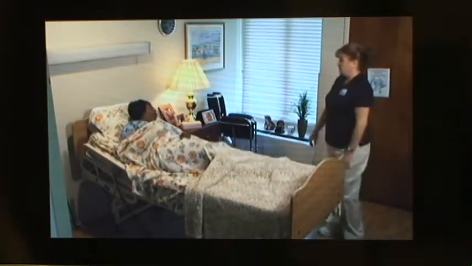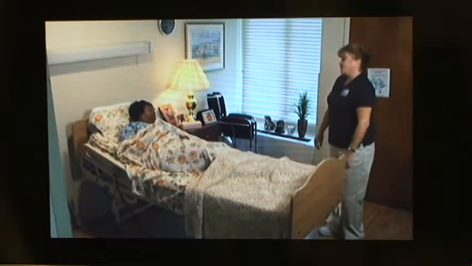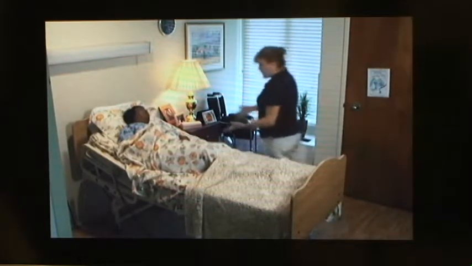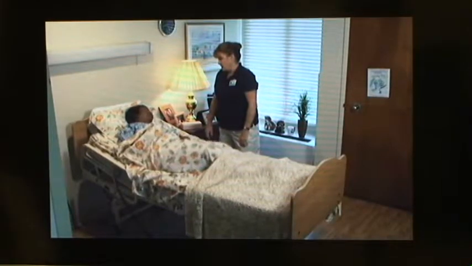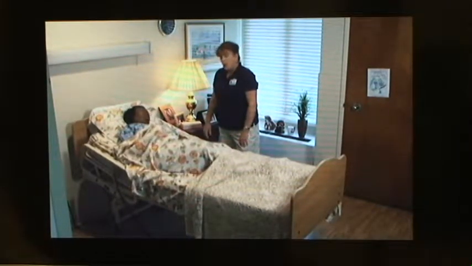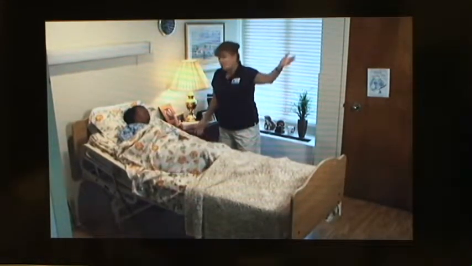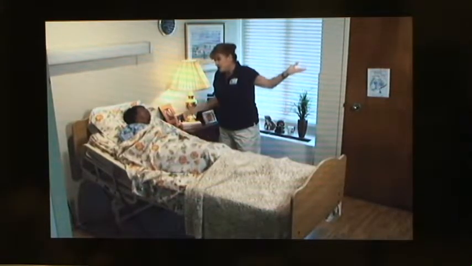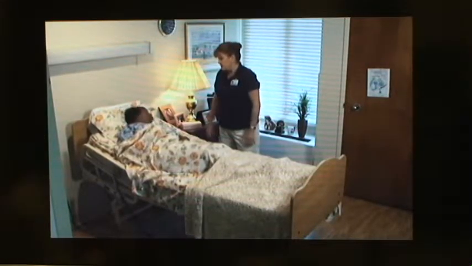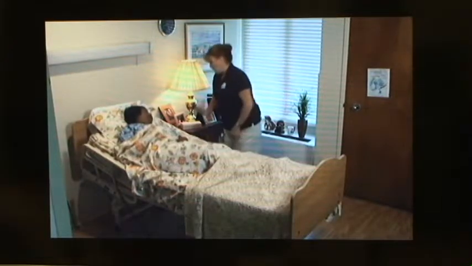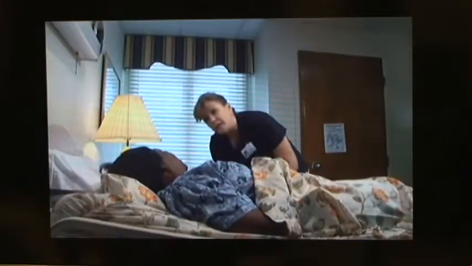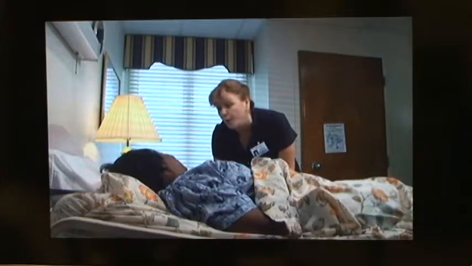Wait, yes? I got to go to the bathroom. You have got to be kidding me. I just got you back into bed. I know, but I really need to go to the bathroom. I can't take you right now. Mr. Sampson's already pulled his cord 3 times. You don't want him to get all mad at me again, do you? No, but I need to go to the bathroom. I hear you. But you got a couple of clean pads under you, so just go.